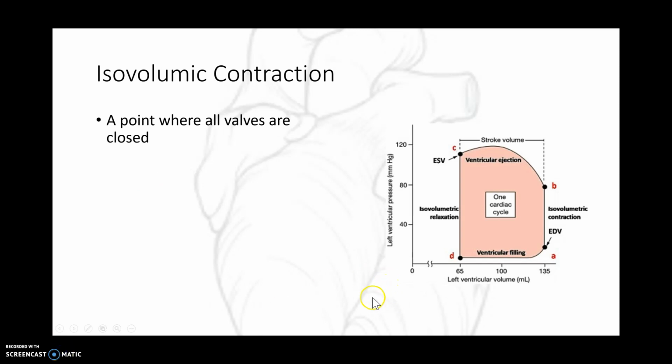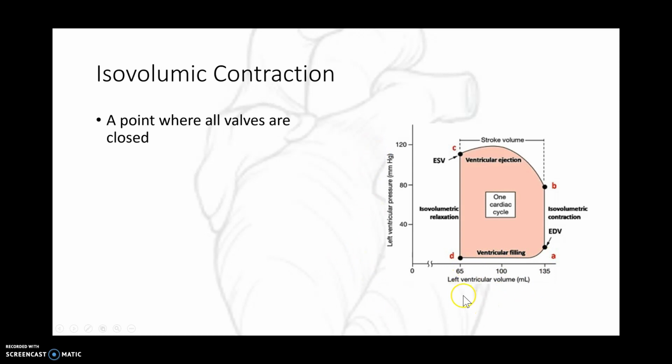So look at this diagram over here. This diagram is very important when we're talking about heart mechanics. Right here at point D, this is a point in time when we have an increase in ventricular filling. So volume is down here and pressure is over here.